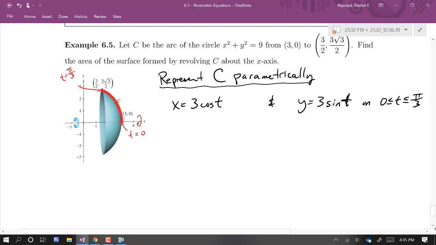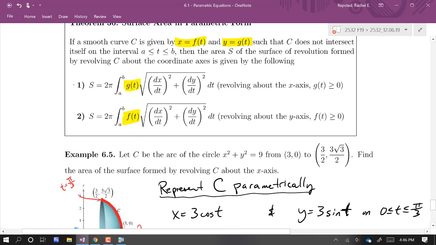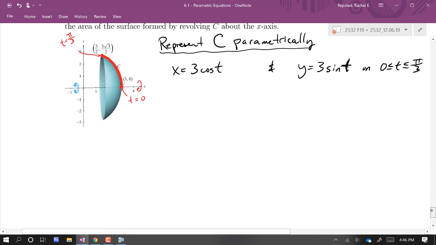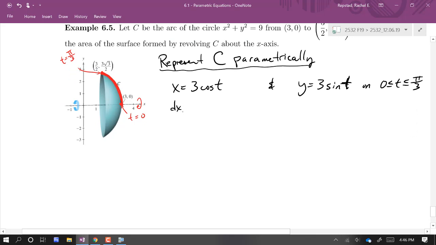So looking at that integral formula up there that we're going to use, we're revolving about the x-axis, so that is the top one here. We're using g of t, or y, for our radius. And we need to find those derivatives. What's dx dt?